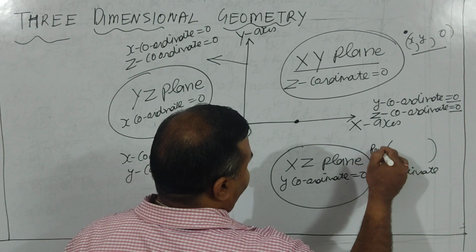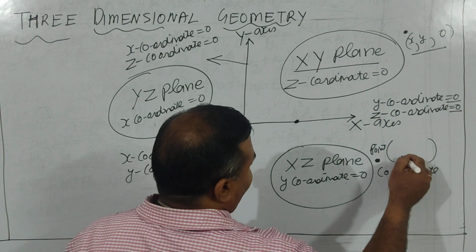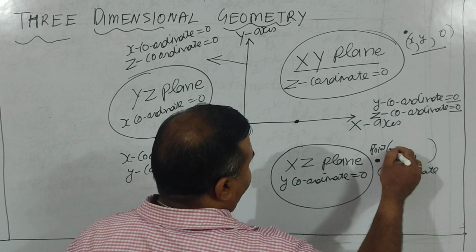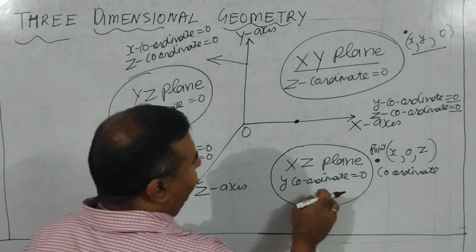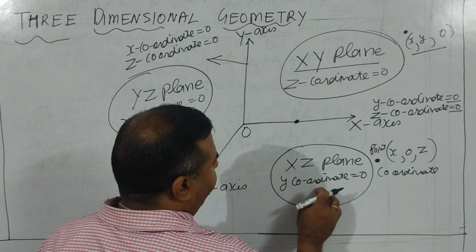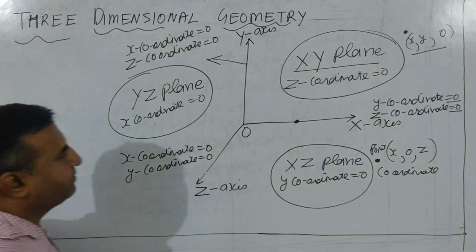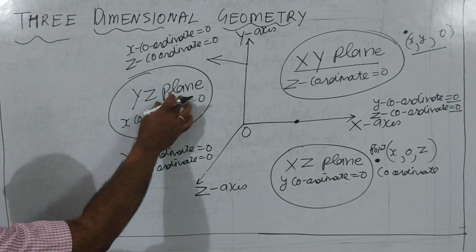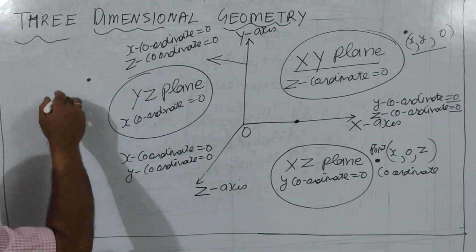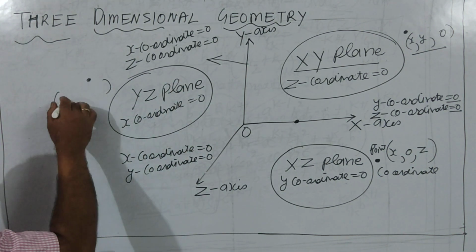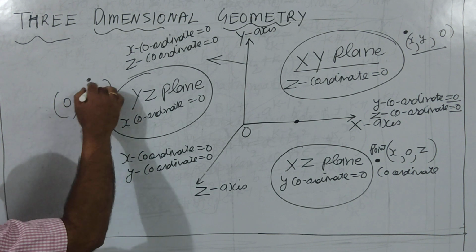If you draw any point in the xz plane, its coordinate is (x, 0, z), because the y coordinate is 0 in the xz plane. In the yz plane, x is 0, so any point in this plane is (0, y, z).